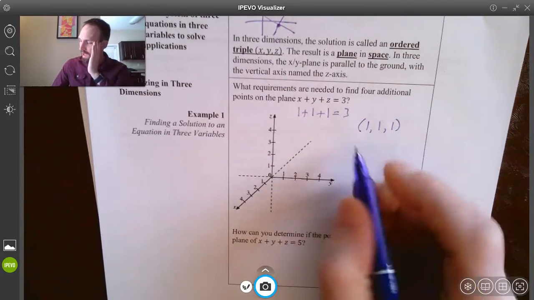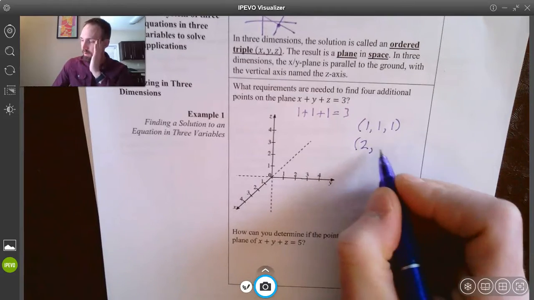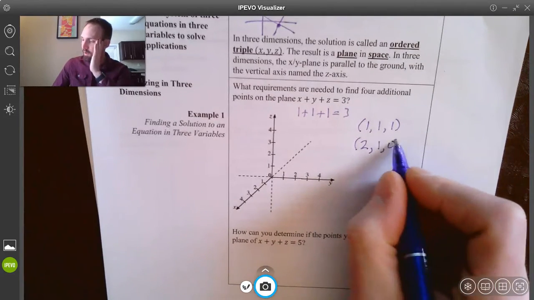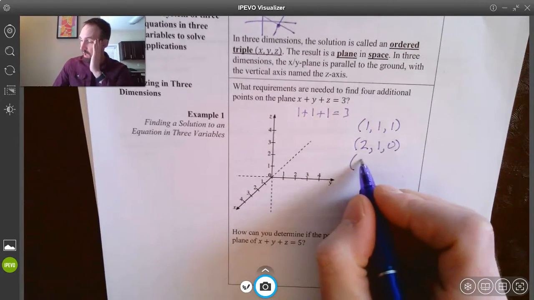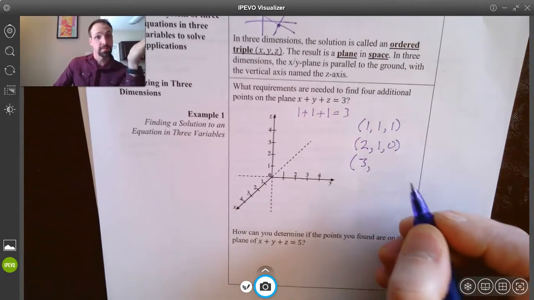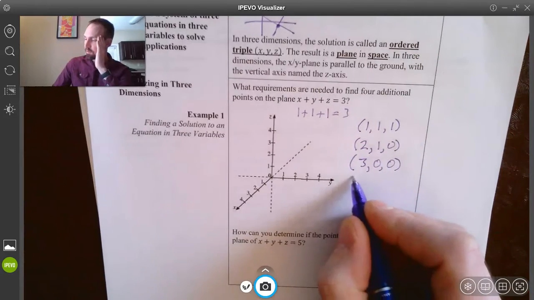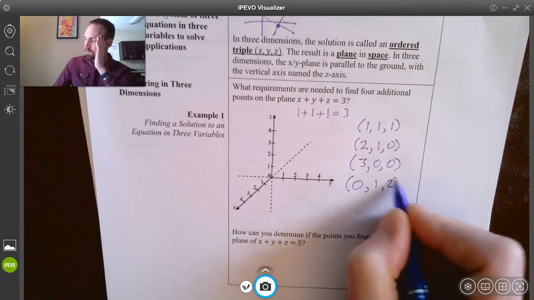I could also have, say I went 2 out on my x, 1 out on my y, but then I didn't go up at all. That would also be true. Similarly, I could go out 3 on my x, none on my y, and none on my z. That would also be true. I could also do 0, 1, and 2.